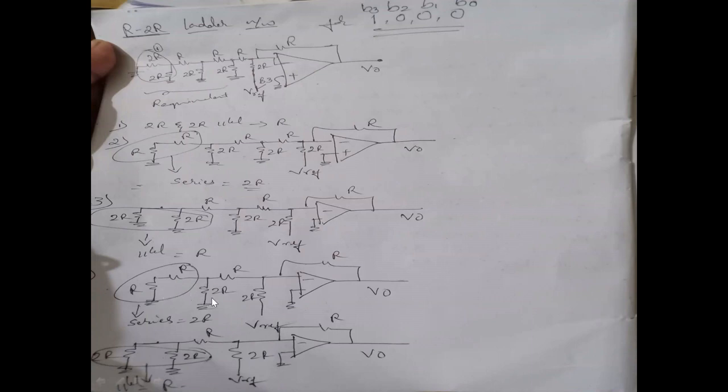Now this 2R would be in parallel with this 2R, and when 2R is in parallel with 2R, you obtain R. Again R plus R in series gives 2R. So again you obtain 2R, which would be in parallel with this 2R resistor, and this resistor is your B3, which is going to the voltage reference, which we will call V reference.